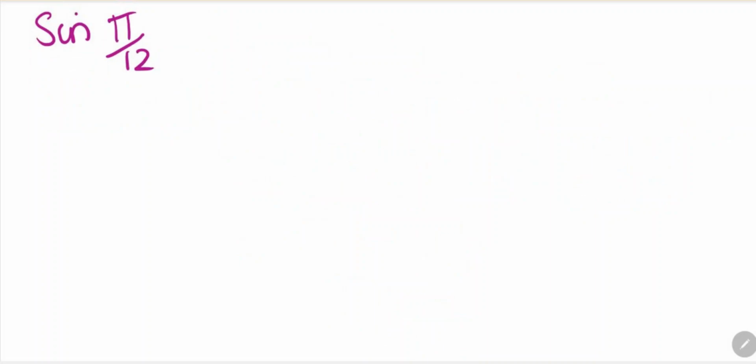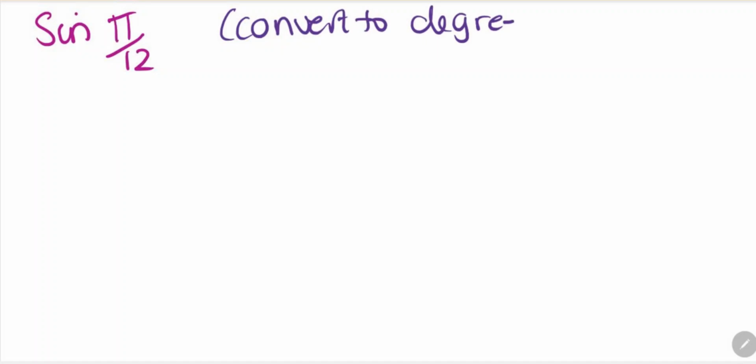Okay, so now we have sine of pi divided by 12. The first thing we need to do is convert this to degrees. So this is going to be pi over 12 multiplied by 180 divided by pi radians.